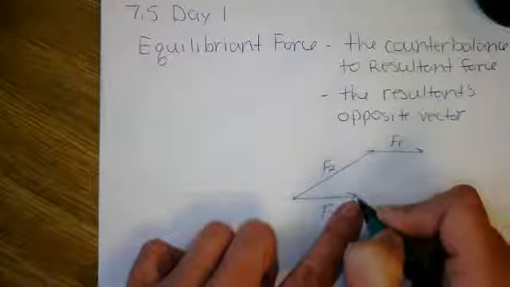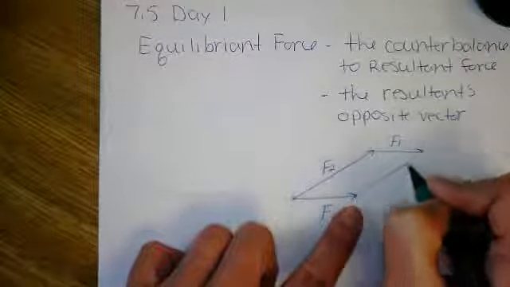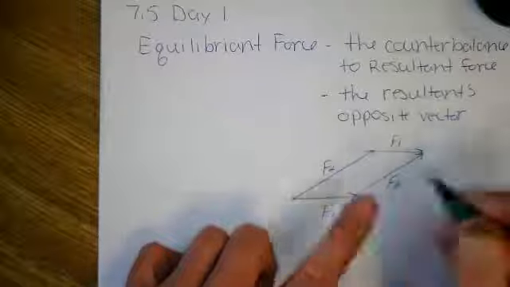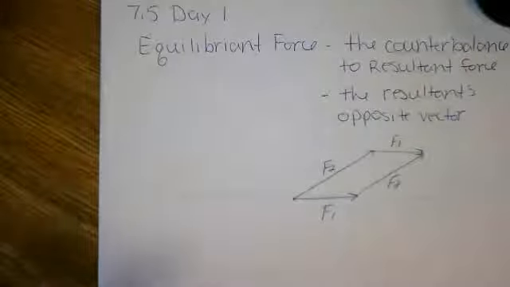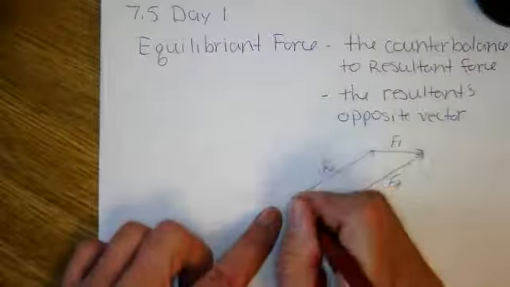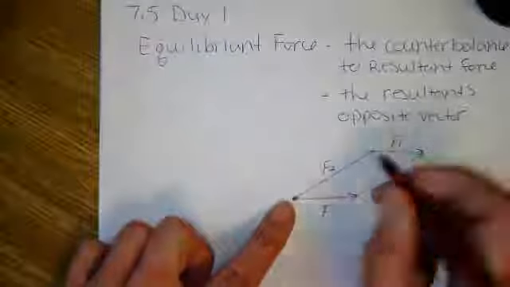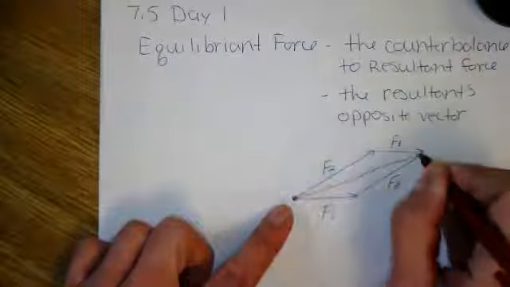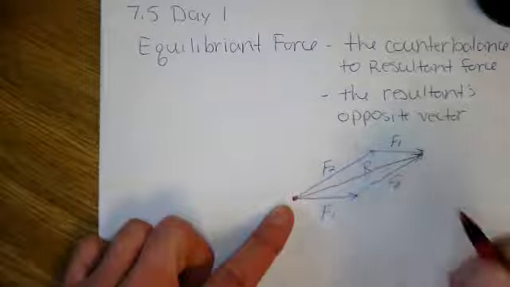I'll slide this one over to the arrowhead of force 1. There's my parallelogram. So my resultant now is where the two vectors started, tail to tail, and where they finished, head to head. So there's the resultant.